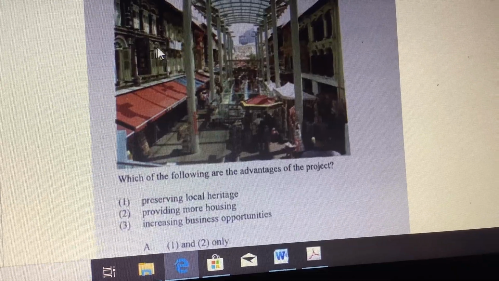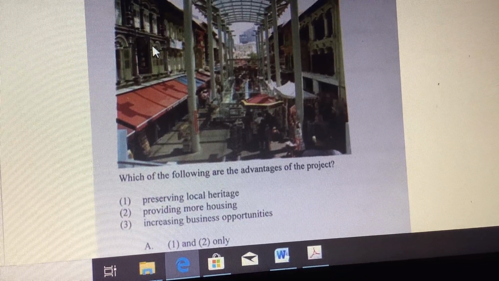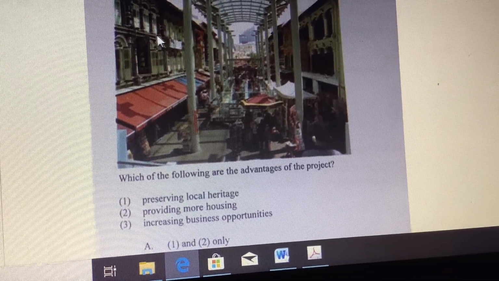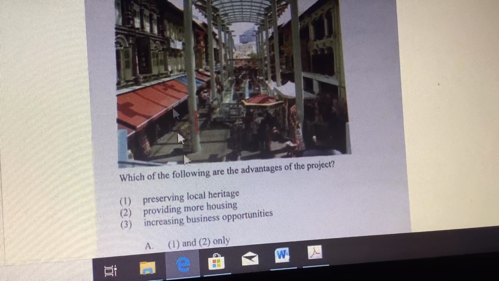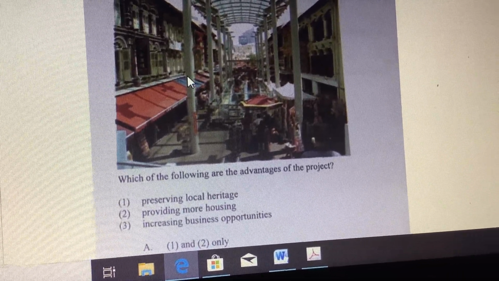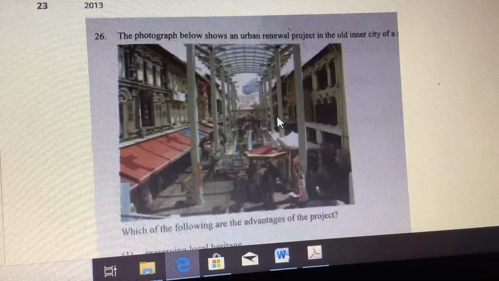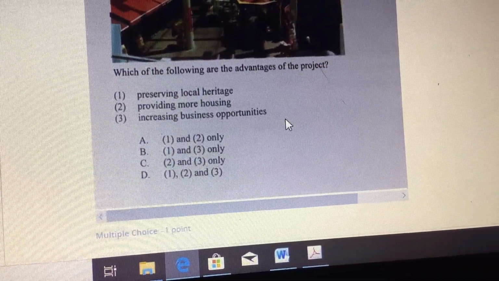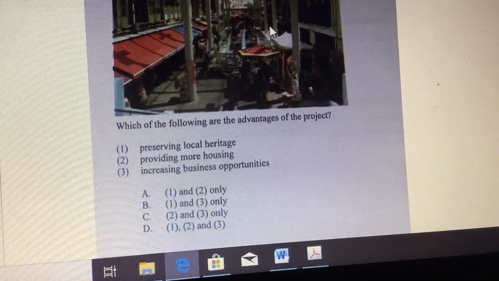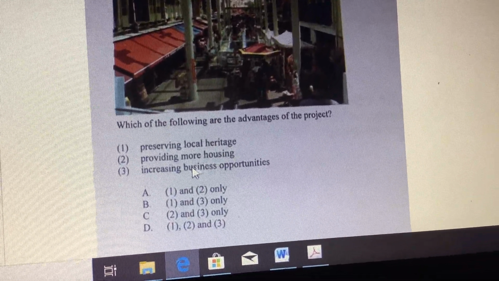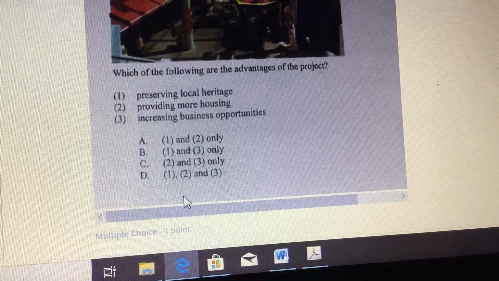You can see those buildings with architectural value are protected. And then provide more housing, isn't it? I don't think so, because no new building is built. And then increasing business opportunities. This one is correct, because we can build more stores right here. So accordingly, number 1 and number 3.